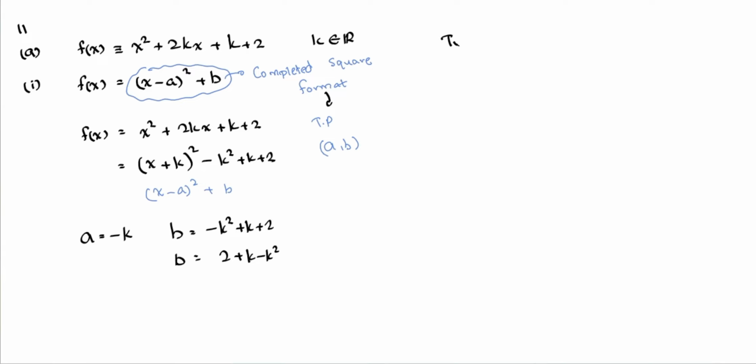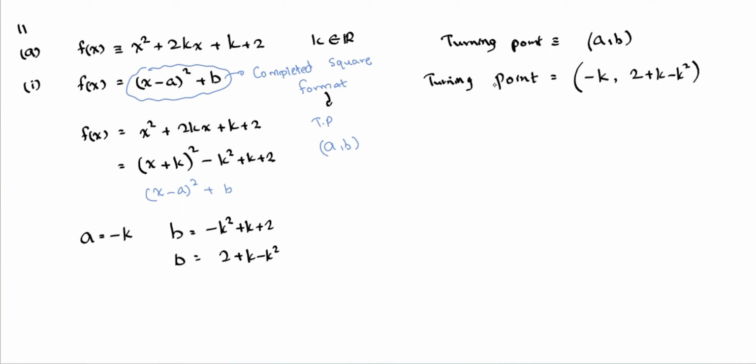So turning point will be what? (a, b). What is a here? Minus k. So turning point is (minus k, b). That is 2 plus k minus k squared. This is the turning point. Easy. We didn't use anything other than the general knowledge that we already have. Turning point done.